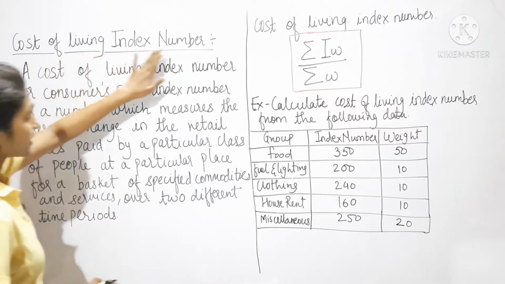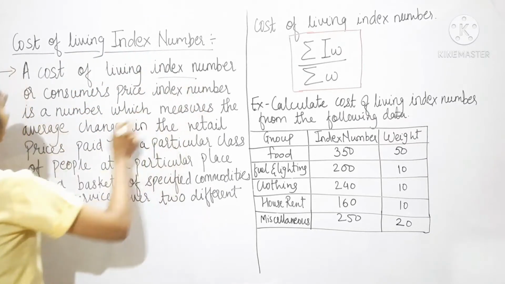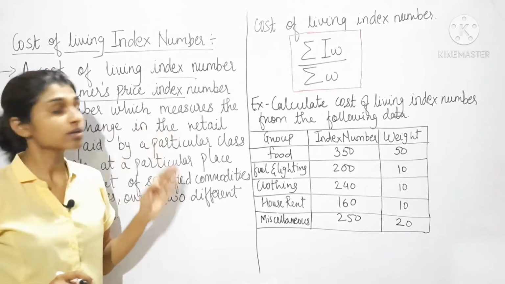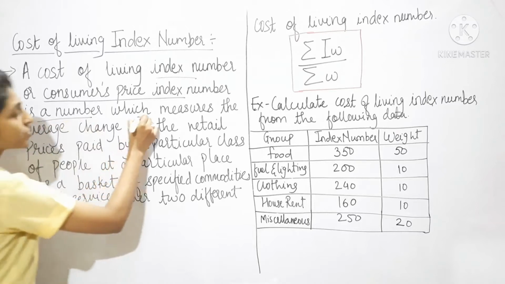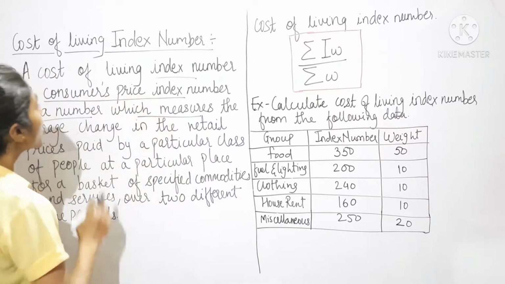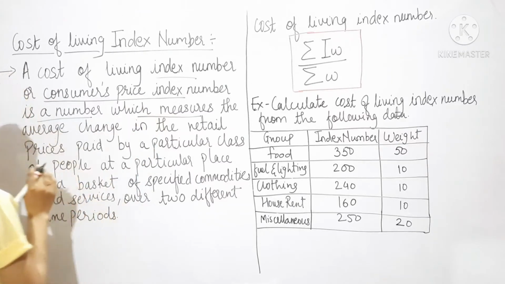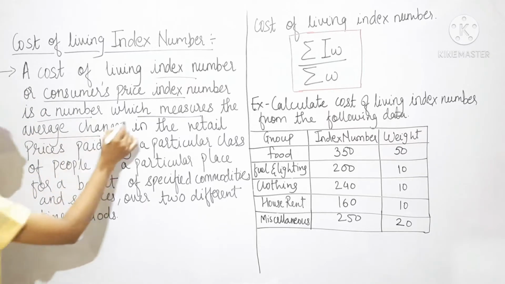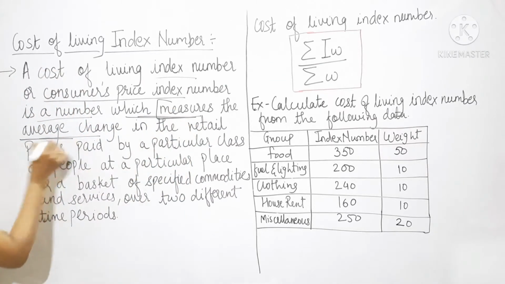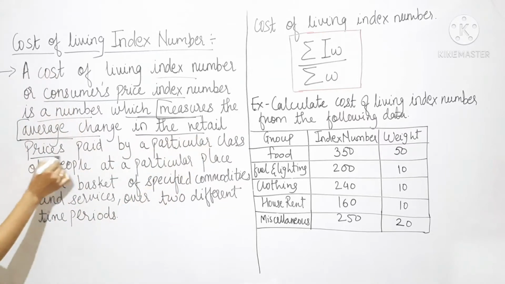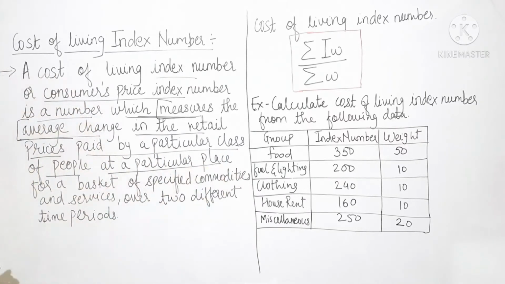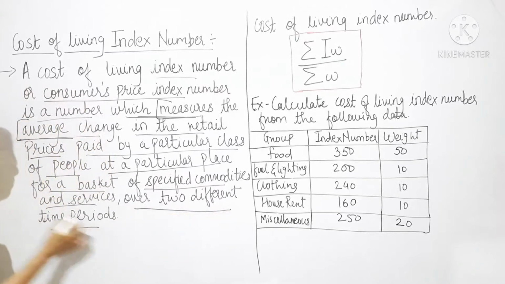So, cost of living index number. A cost of living index number or a consumer price index number is a number which measures the average change in the retail prices paid by a particular class of people at a particular place for a basket of specified commodities and services over two different time periods.